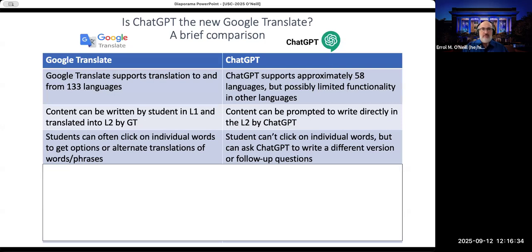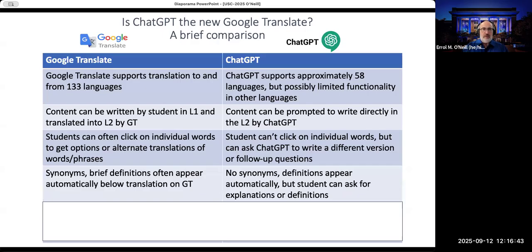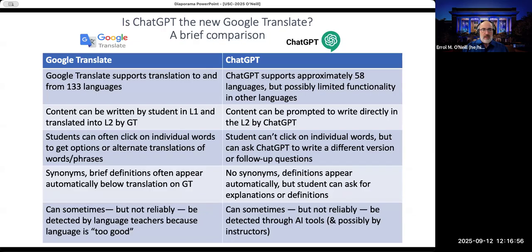With ChatGPT, that's not possible, but you can ask follow-up questions to get more information about the translation. With the online translator, there are often synonyms and brief definitions. That's not the case with ChatGPT, but as I just said, you can ask follow-up questions.